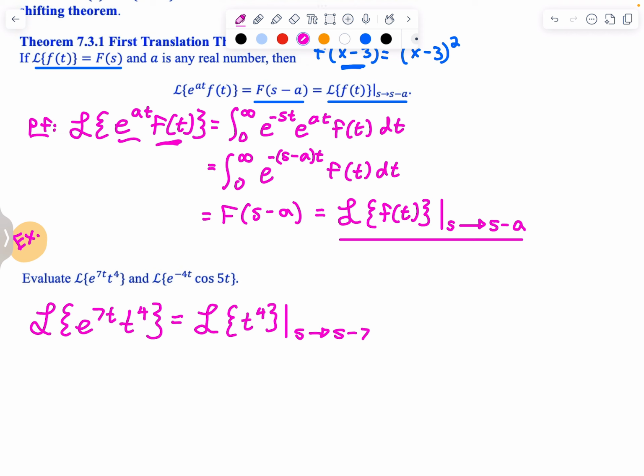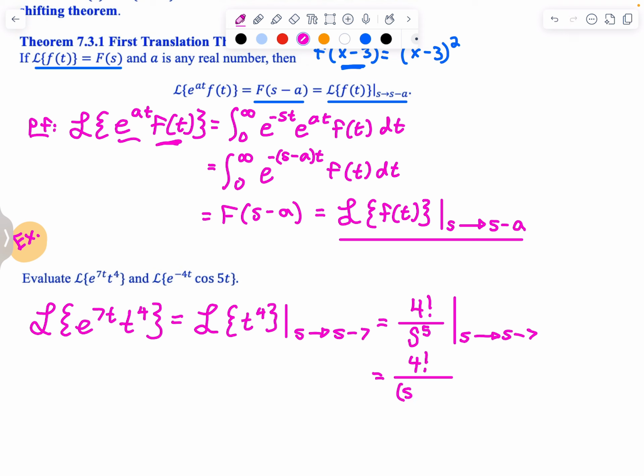Laplace of t to the fourth is going to be 4 factorial over s to the fifth, remember n plus 1. And then our final answer here will be 4 factorial over, and we're going to plug in s minus 7 where the s was.